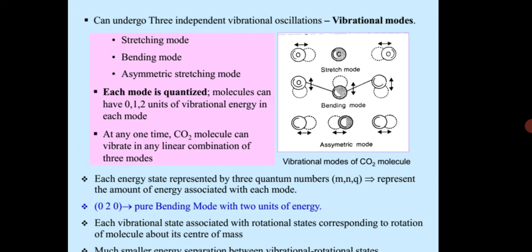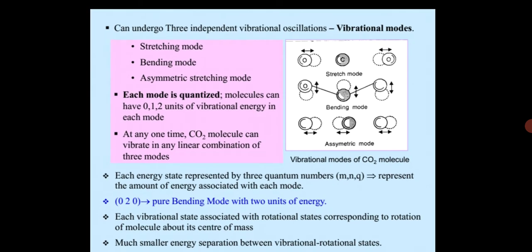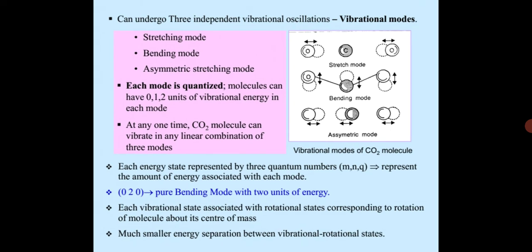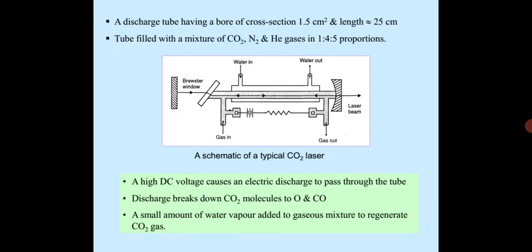So 0 2 0 means pure bending mode with 2 units of energy. Each vibrational state is associated with a rotational state corresponding to rotation of the molecule about its center of mass, with a much smaller energy separation between vibrational and rotational states.